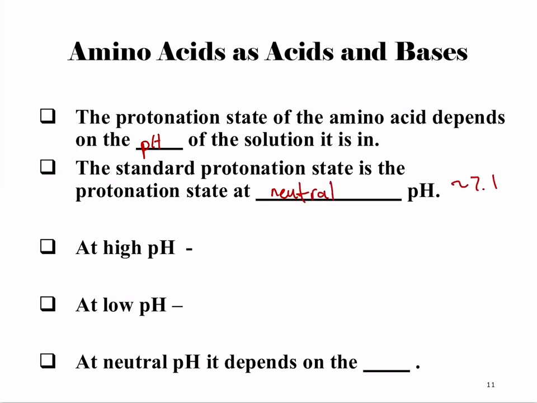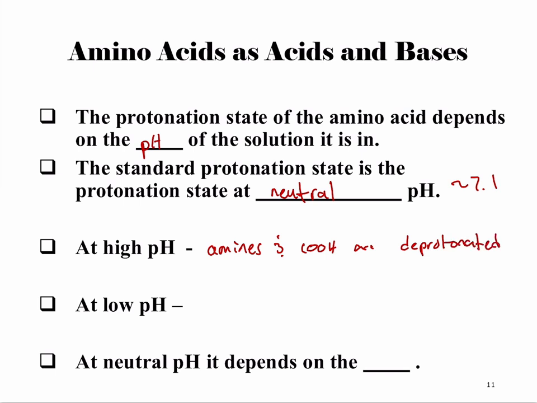At high pH, amines and carboxylic acids are deprotonated, which leaves a negative charge on carboxylic acids and a neutral charge on amines.